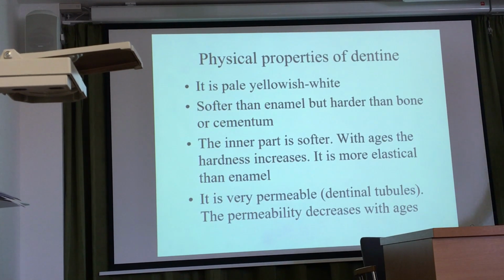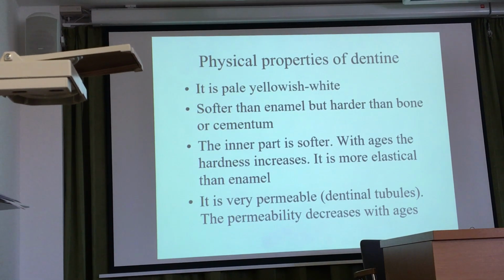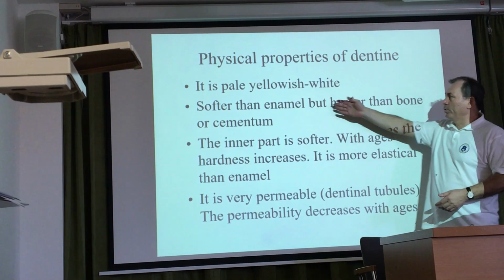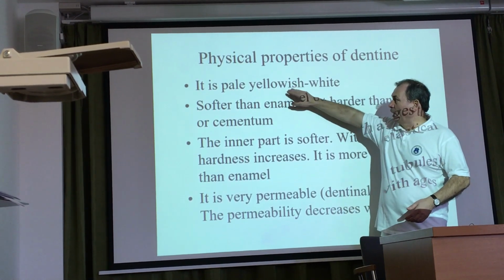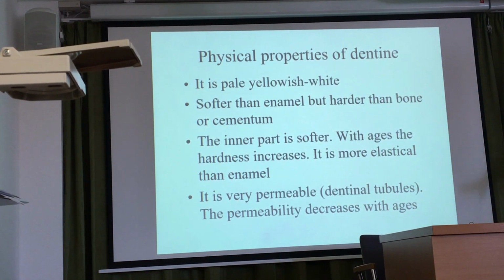Of course, in dentistry, the anatomy and the aesthetics and function are the most important things. And in connection with the dentin, again, the anatomy and the aesthetics. The aesthetic is important because it is yellowish a little bit.